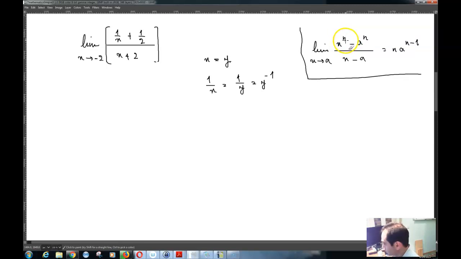I think we said that n has to be a positive integer, or a positive real number, even a fraction, but it cannot be negative.